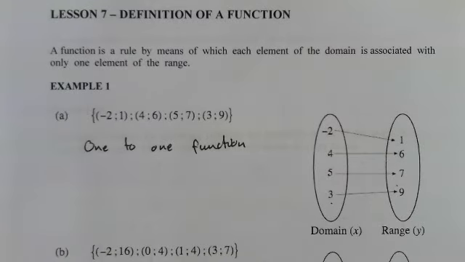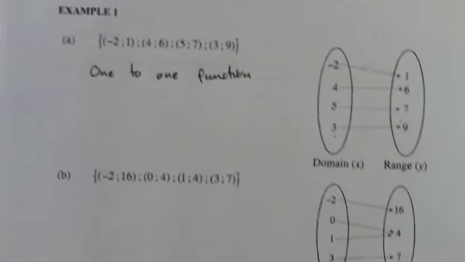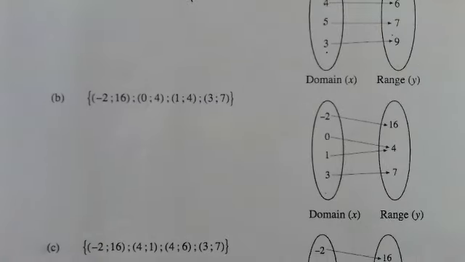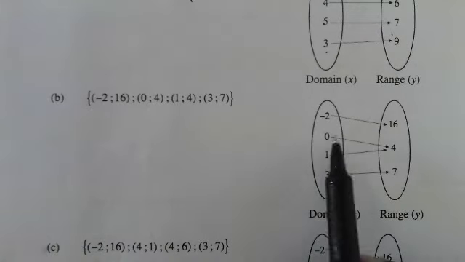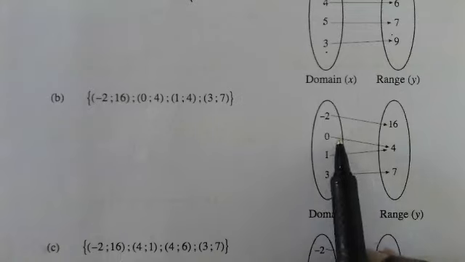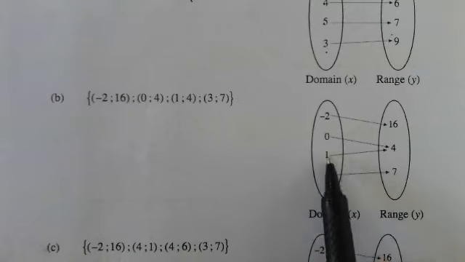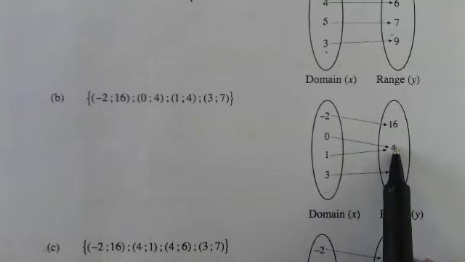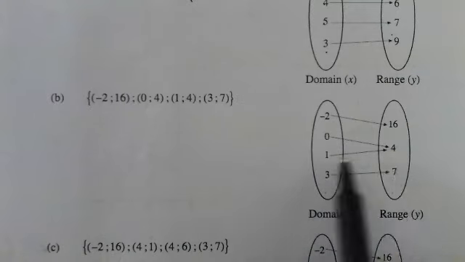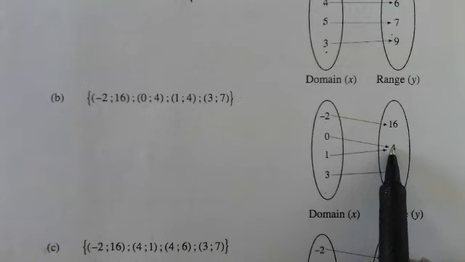Now, what about this one in B? Let's see what's happening here in B. Negative 2 gives you 16, 0 gives you 4, but 1 also gives you 4. So look here: one input, one output. One input, one output. It's possible for two inputs to end up going to one output, so it's still a function.